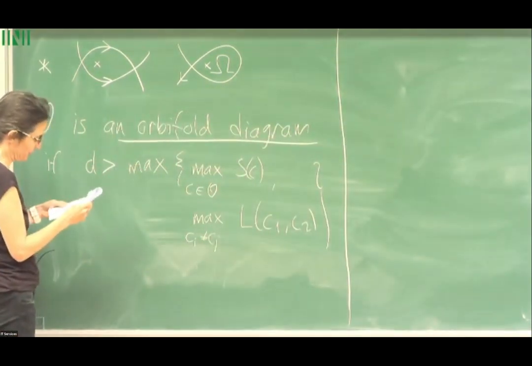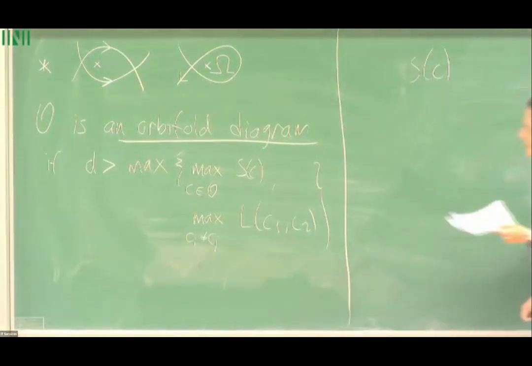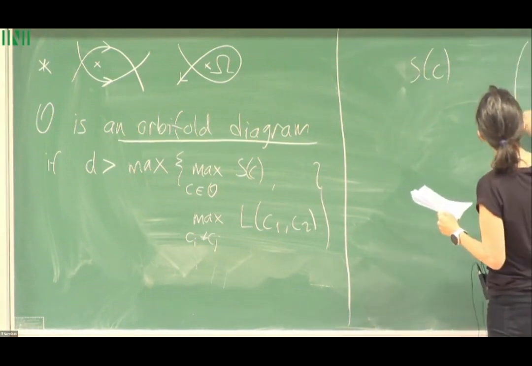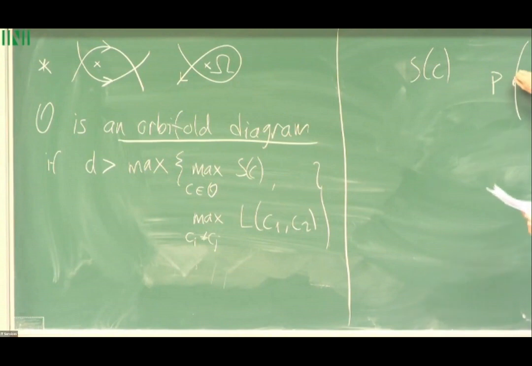Okay, what does this do for S of C? I have to look at any self-intersecting curve. For example, I have a point P, this is one of the points 1 up to N, and then the curve does something like that. Then I have to look at subcurves. How often do they wind around omega?